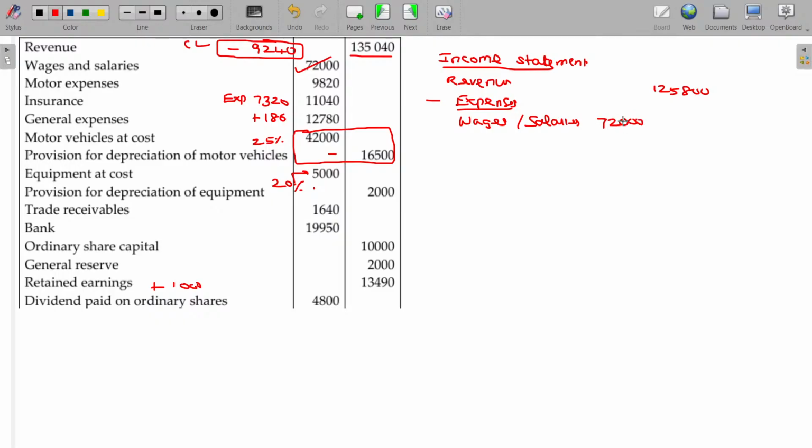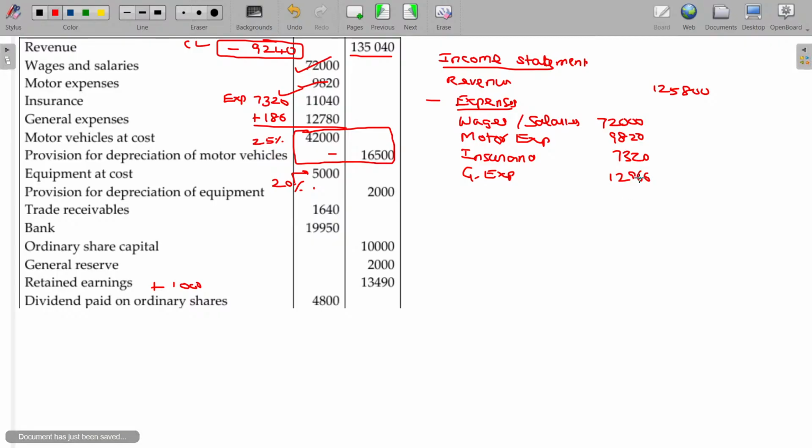Wages and salaries 72,000. Motor expenses 9,820. Insurance charges 7,320. General expenses, you have to add these two, 12,966.